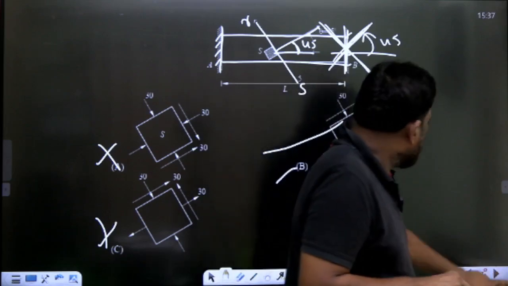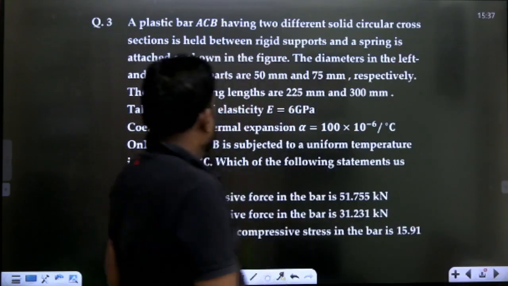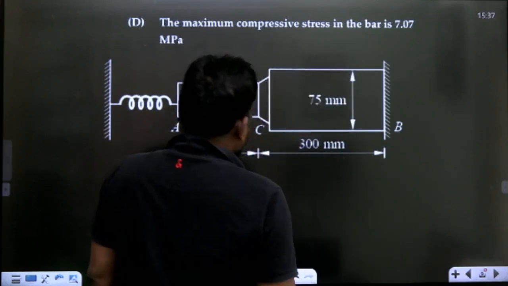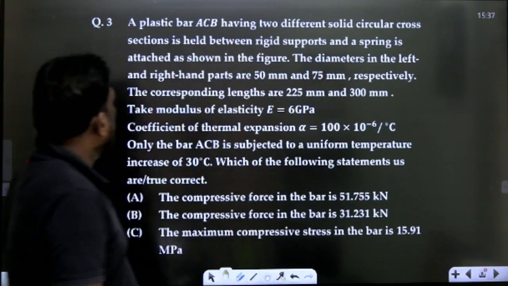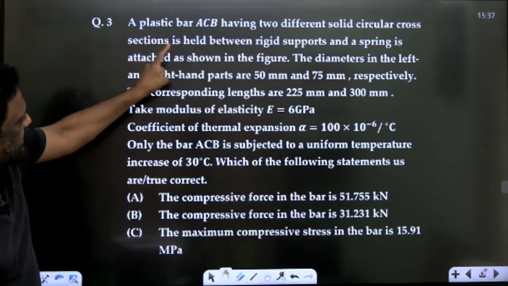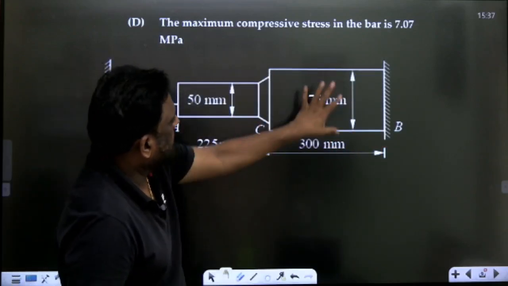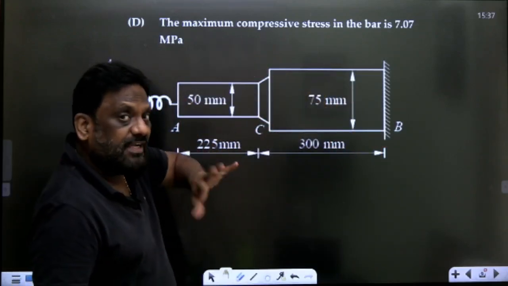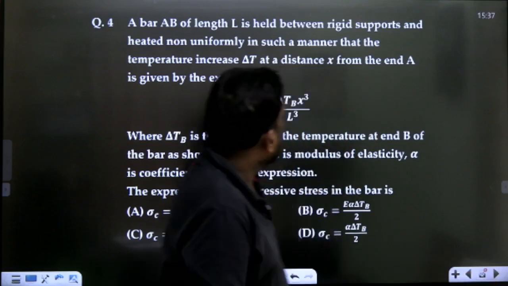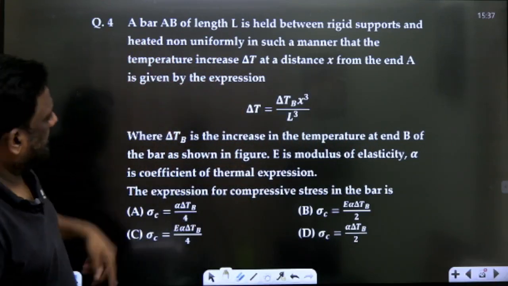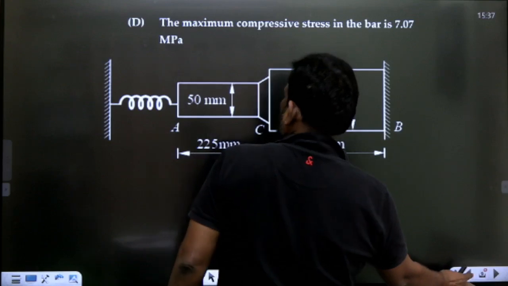Now let us take this question. A very good question. Read the question. The figure is also given. Look at a plastic bar ACB. This is a plastic bar, but of different cross section. ये नहीं रे बाबा, not this, ये वाला.